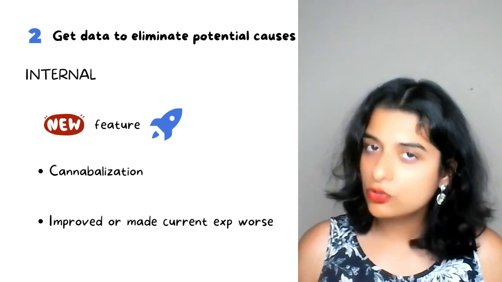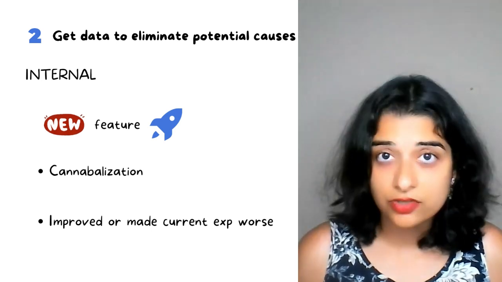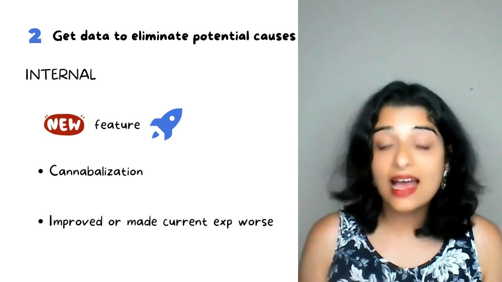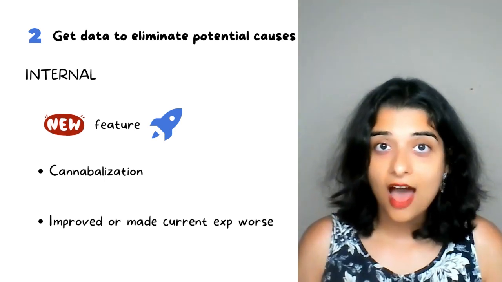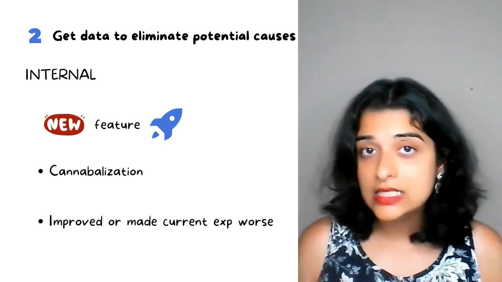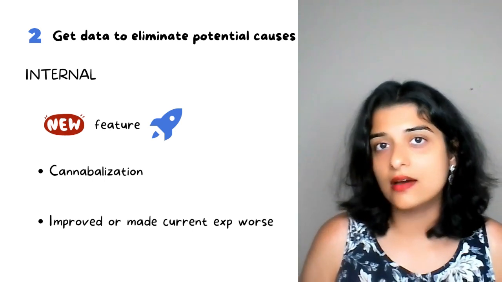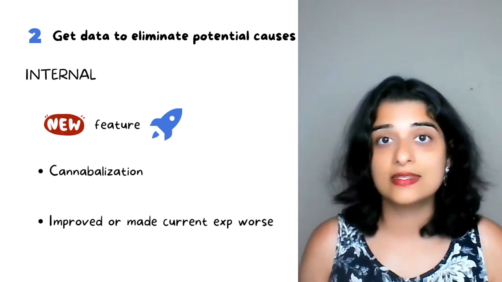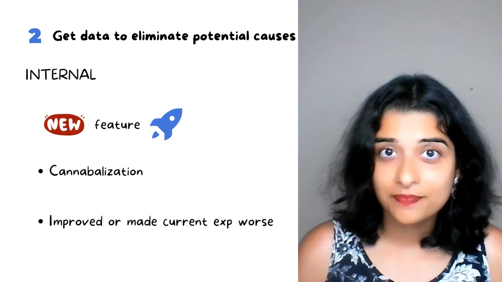Now, one way that a new feature launch can change a metric is through cannibalization. So let's say you're looking at a decline in engagement in Facebook groups after the launch of Facebook Marketplace. It is reasonable for it to happen because there will be decreased activity in buy and sell groups because people will just use Facebook Marketplace.